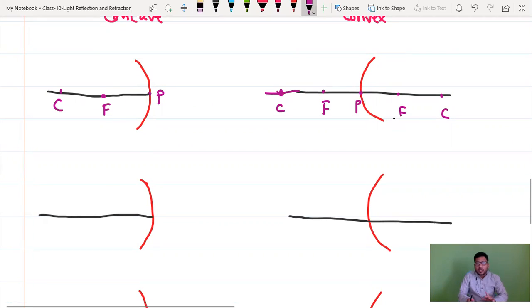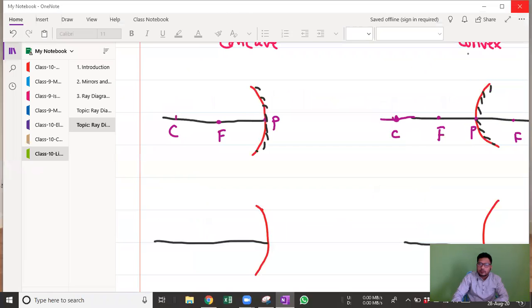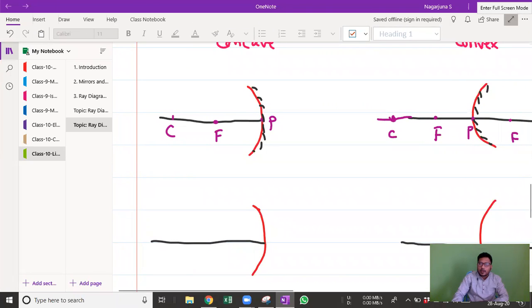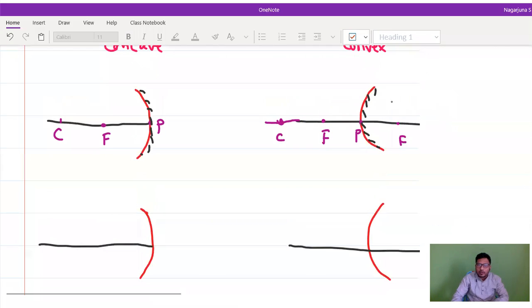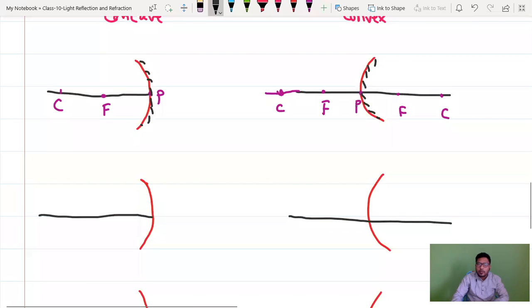This is concave, this is convex. For concave we have one pole, one focus, one center of curvature. Coming to convex, we have one pole, two focuses and two centers of curvature.